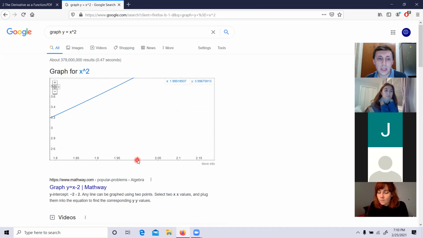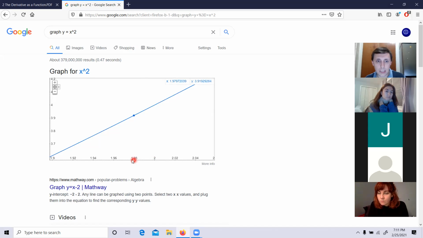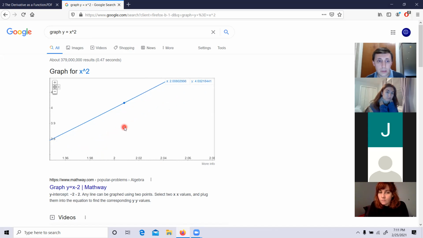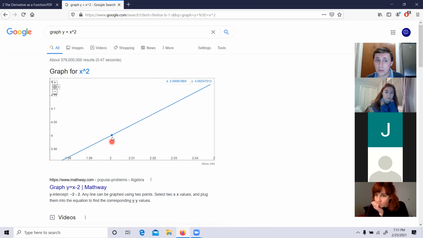They are just a few tenths of a unit away from 2. I zoom in more. You see what's happening? Look at all the values I'm seeing. They are all closer and closer and closer to 2.